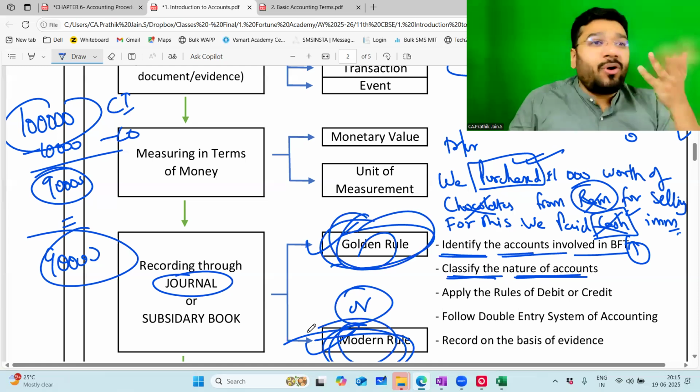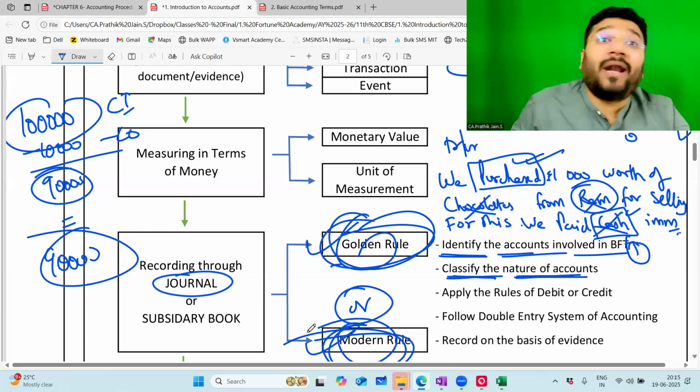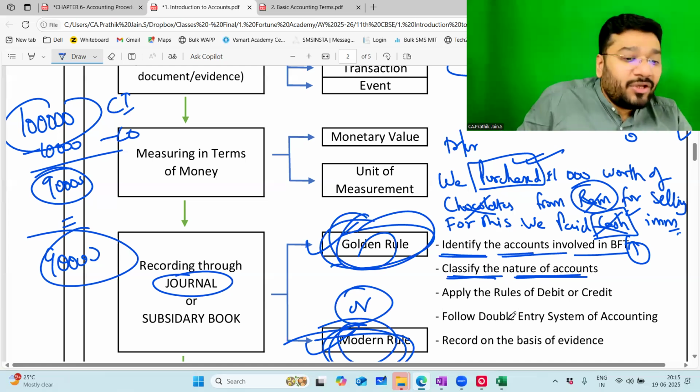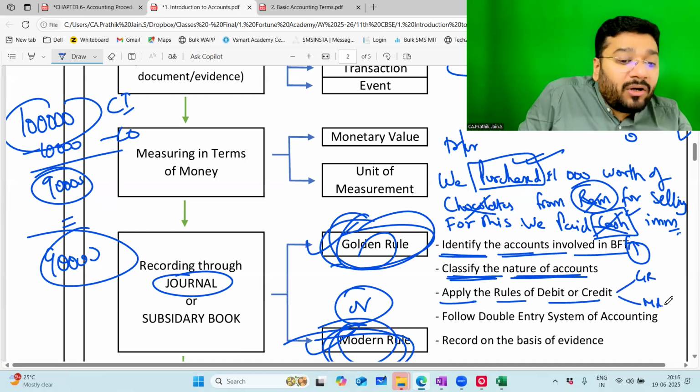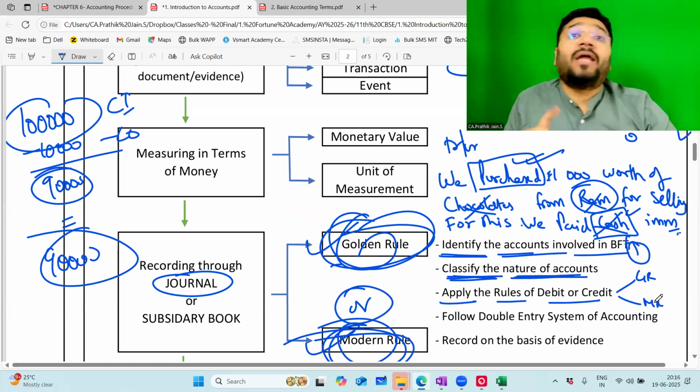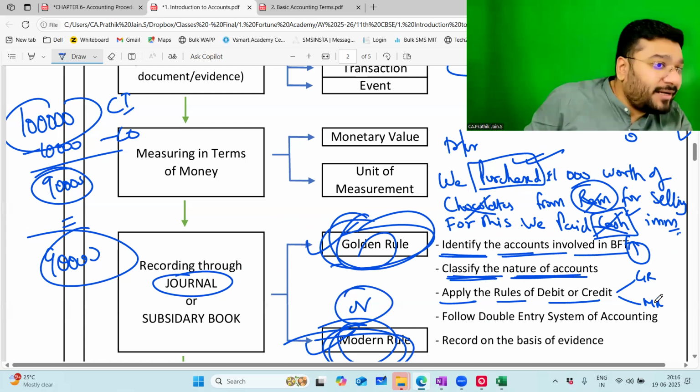Without this rule, you can't identify what to debit and what to credit.